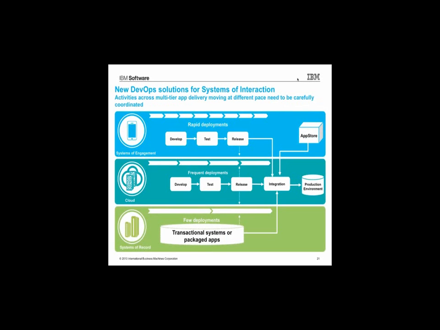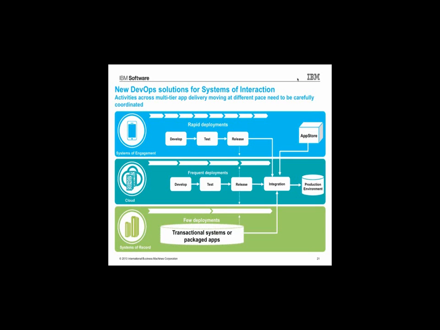On the next chart, I wanted to explore a pattern with you, because we see this over and over again. There's a pattern of people developing mobile applications. You have your systems of engagement, which is your mobile app, deployed with rapid deployment cycles. In the middle, you typically have your cloud-based web deployments, which are deployed frequently, but usually not quite as frequently as the mobile application.